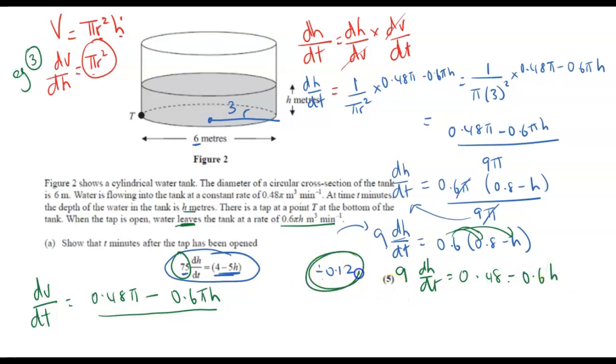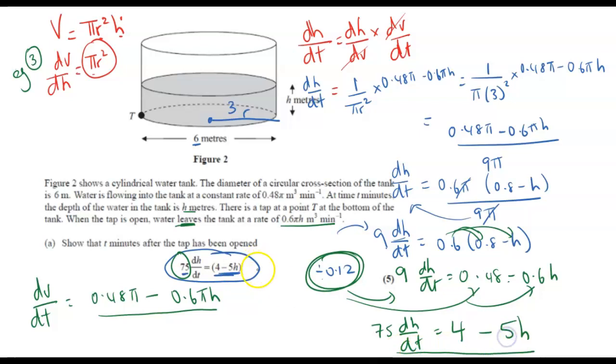Now if I divide by the 0.12 here, here, and here, I will get 75 dh/dt. 0.48 divided by 0.12 is 4, minus 0.6 divided by 0.12 is minus 5h. So everyone, I have proven the proof. We got it. So we write hence proved.